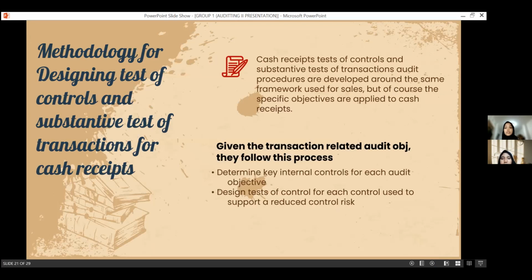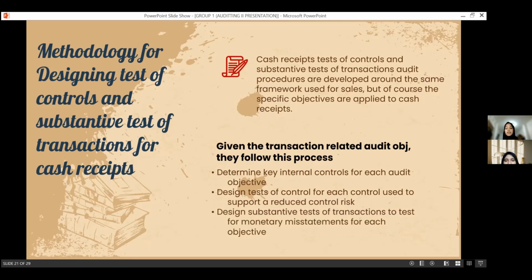Of course, the same specific objectives are applied to cash receipts. Given the transaction-related objectives, they follow this process. The first process is determine key internal control for each audit objective. The second process is designing tests of control for each control used to support a reduced control risk. And the last process is design substantive tests of transactions to test for monetary misstatement for each objective.